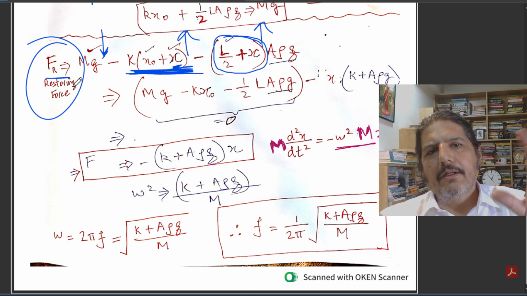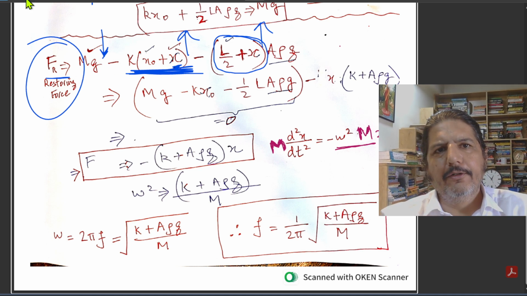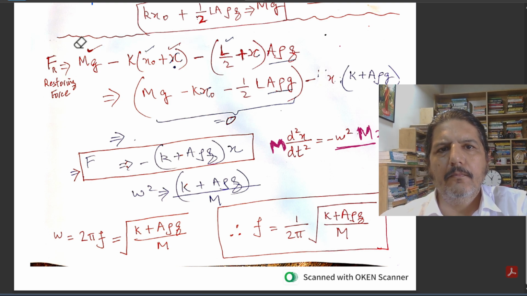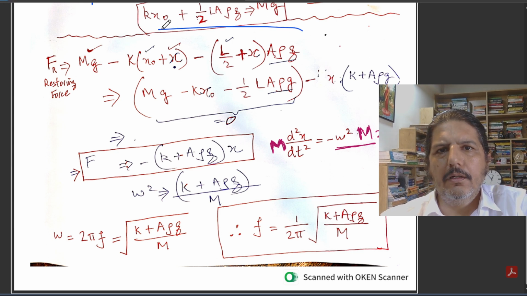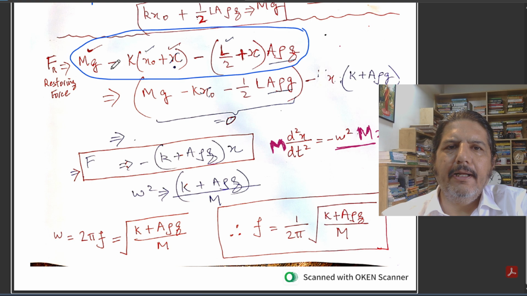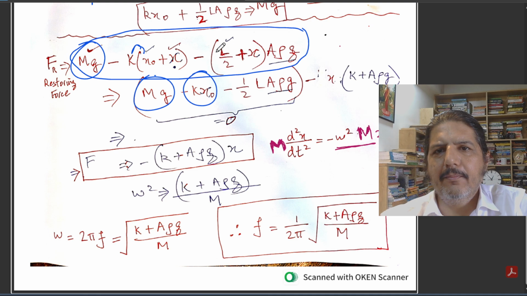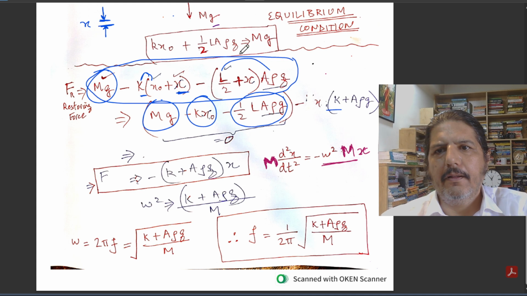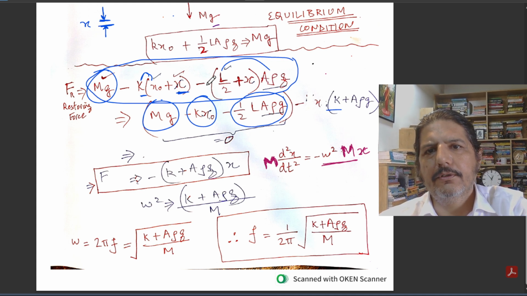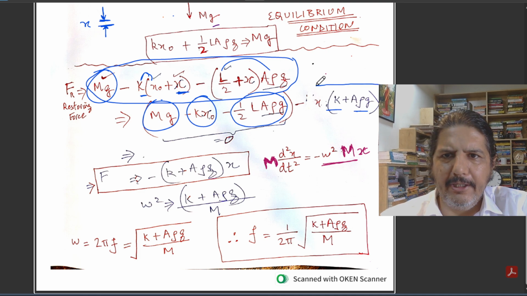What I'll do next is manipulate this equation and write it like this. So the mg part is here, minus the kx naught part, which is written here, and minus the L by 2 into A rho g part, written here, minus xk, and minus A rho g x.